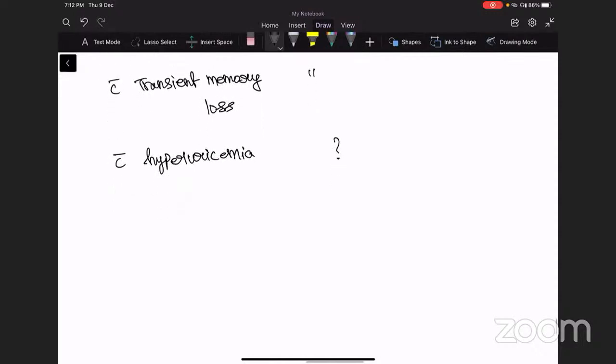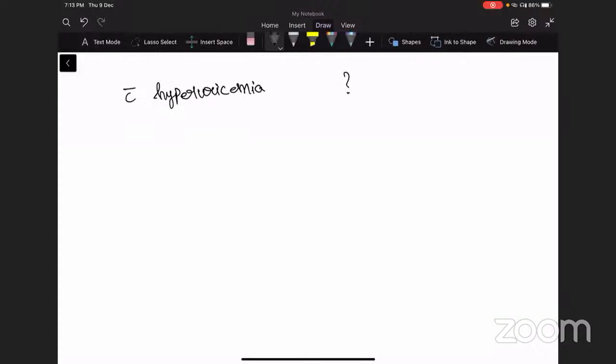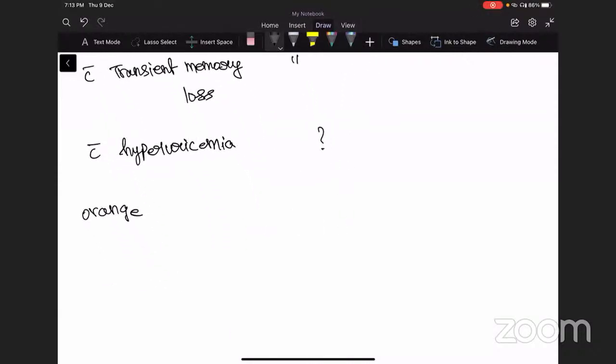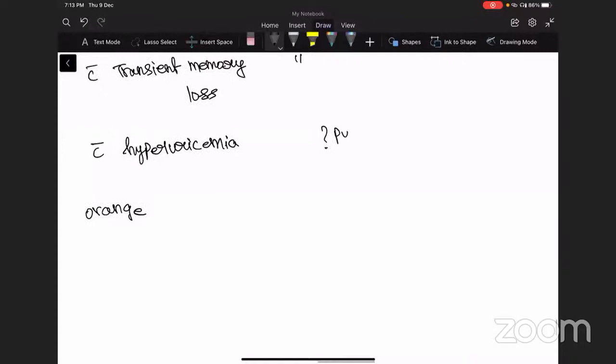Hyperuricemia, which one? Very good. Hyperuricemia is seen with pyrazinamide.